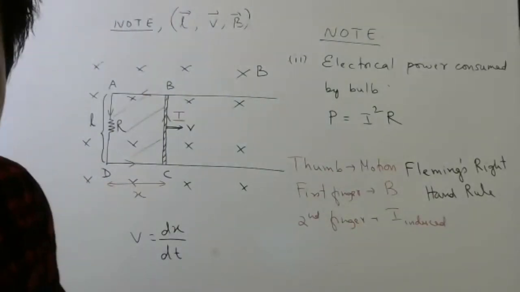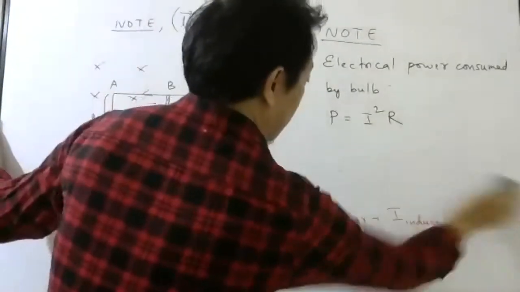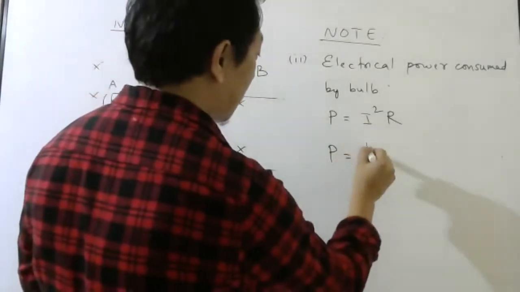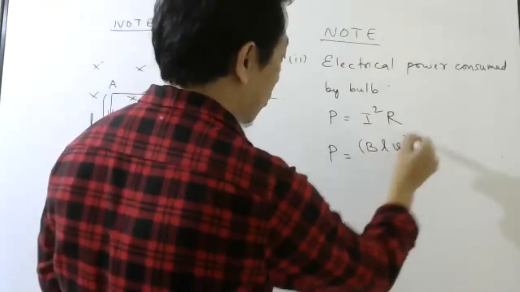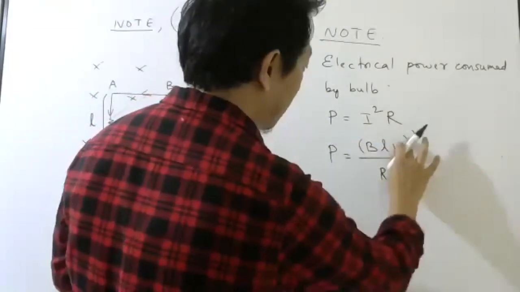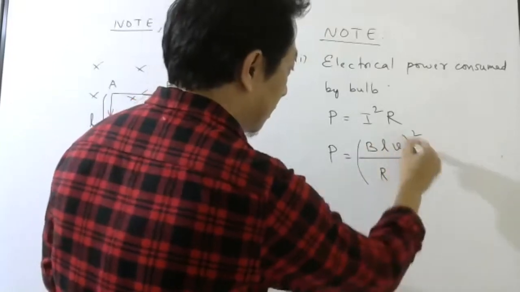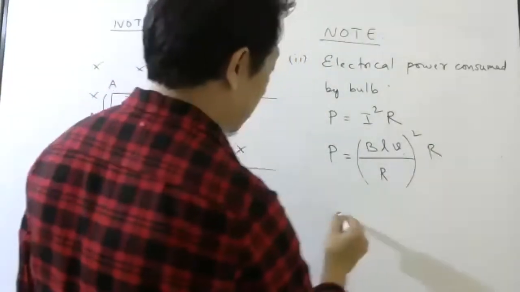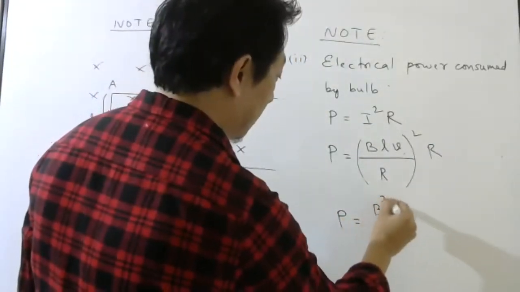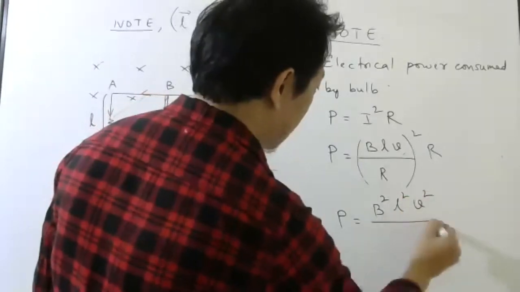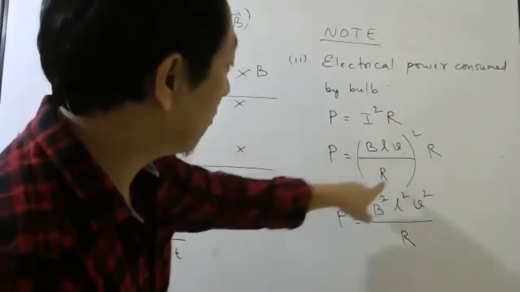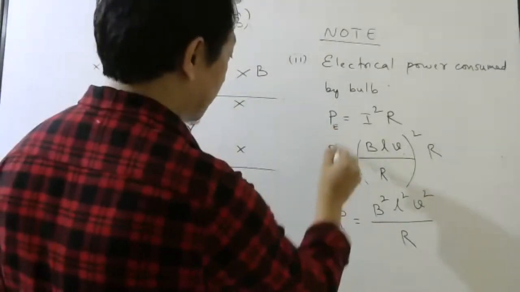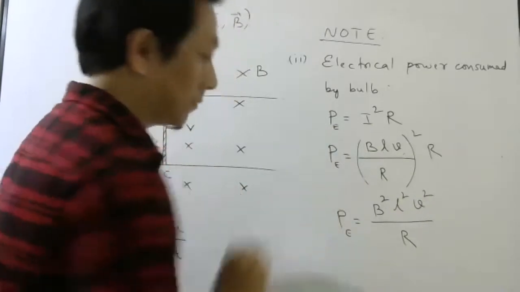Power equals I square R. What is current? EMF divided by resistance. EMF was BLV, so current is BLV by R, whole square, into R. So power will be equal to B square L square V square by R. One R will cancel. This is your electrical power. Let us put E. Fine, students?